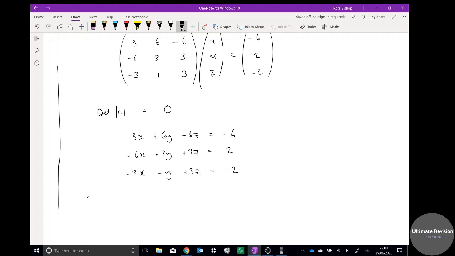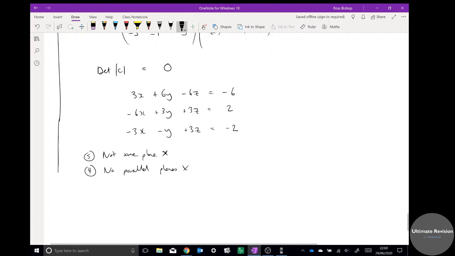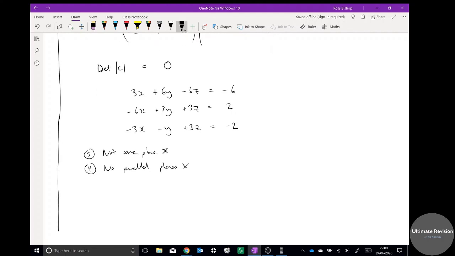So they're certainly not the same plane. There's no 2 there that are parallel. There's no parallel planes. So you can rule that one out. To be honest, you can usually rule those 2 out. So it's now just determining whether it's a sheaf or a triangular prism where there's no solutions at all.